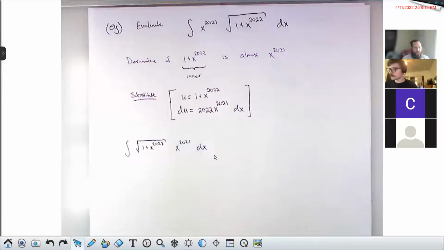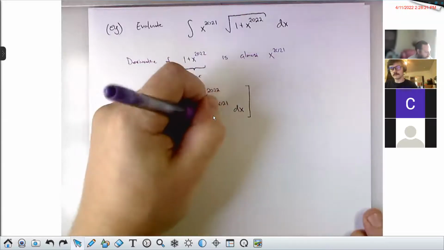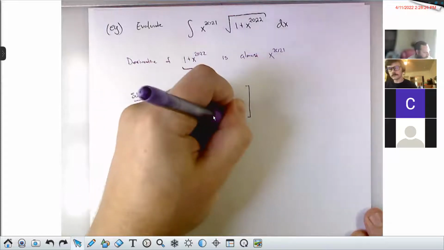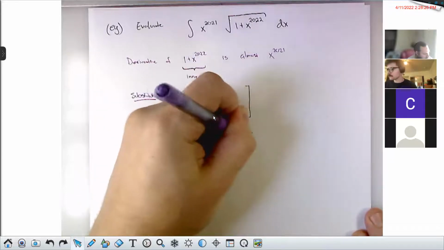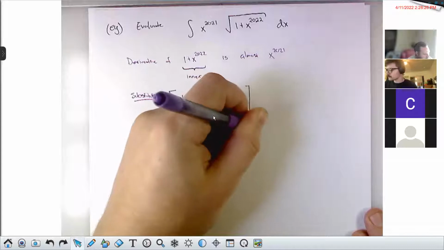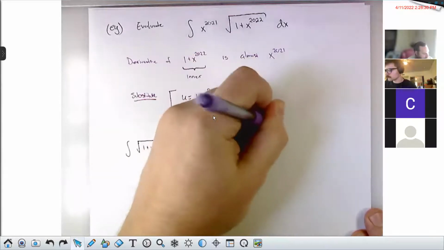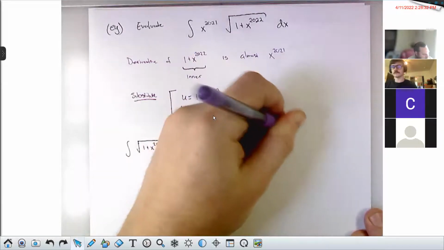I have this piece, which is this piece. So if I divide both sides by 2022, I get du over 2022 is equal to x to the 2021 dx.